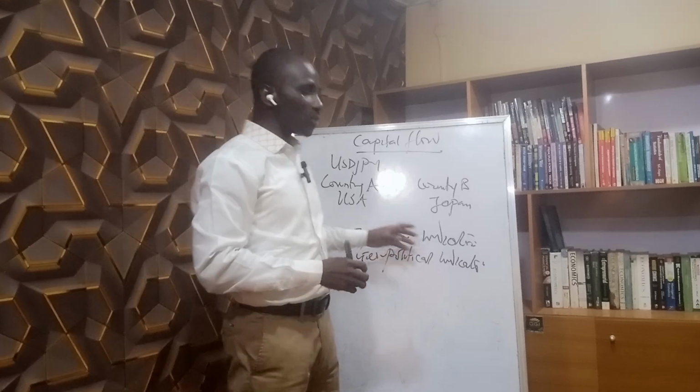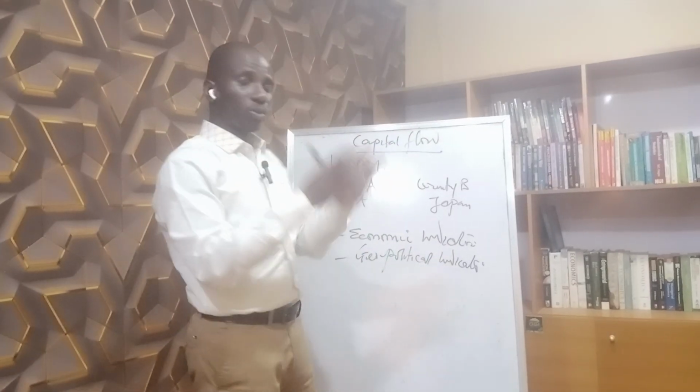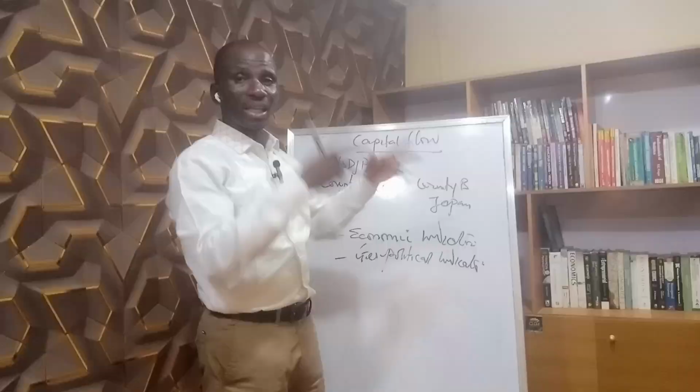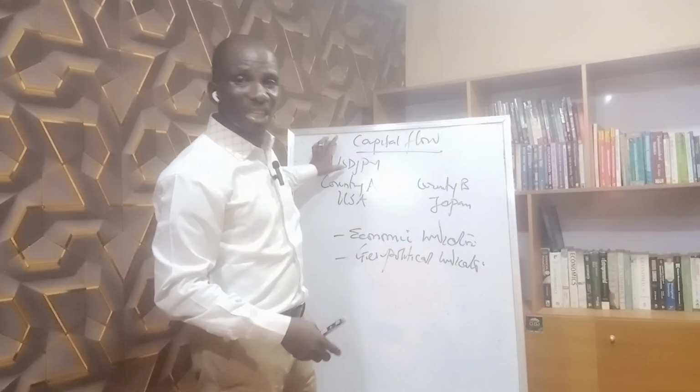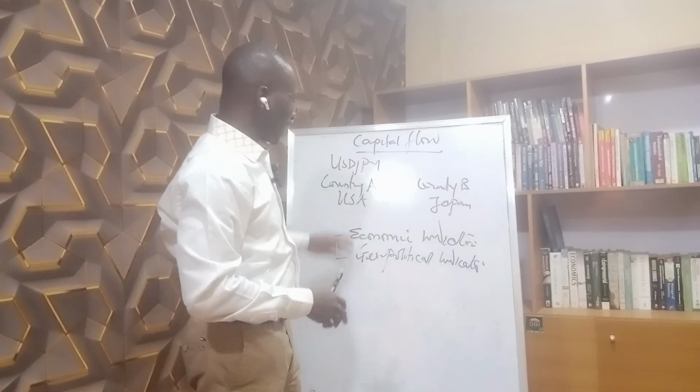Now, I'm going to pick one example for each of these subgroups so that we'll use it to analyze capital flow in the context of JPY using the perspective of fundamental analysis.